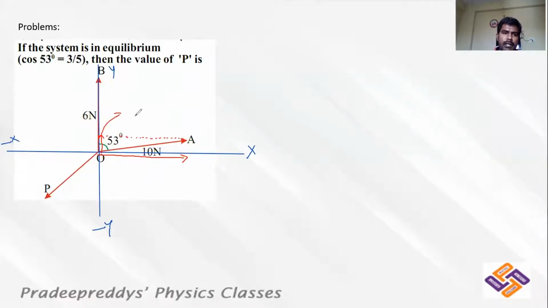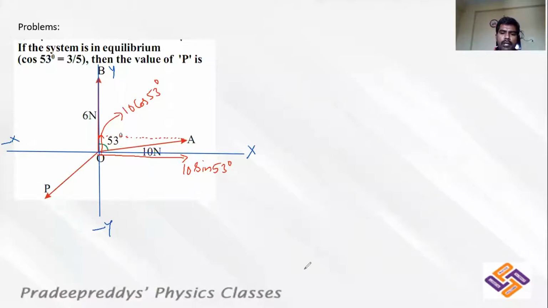This becomes 10 cos 53 degrees, and this becomes 10 sine 53 degrees. Check it out. This is adjacent, so it is 10 cos 53, and this is opposite for this 53 degrees, so it is 10 sine 53. Opposite should be represented with sine, adjacent with cos.